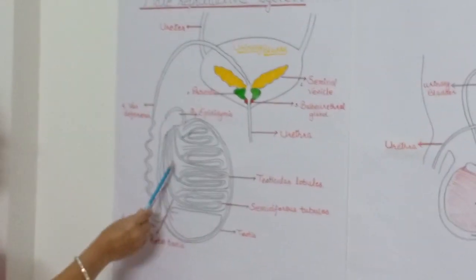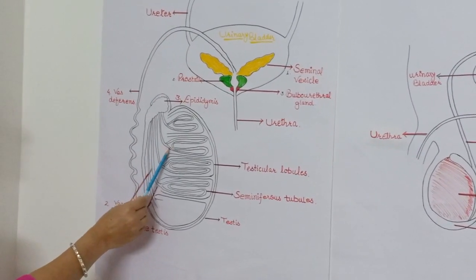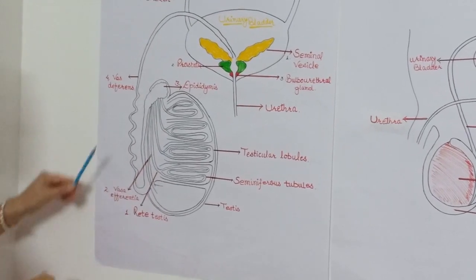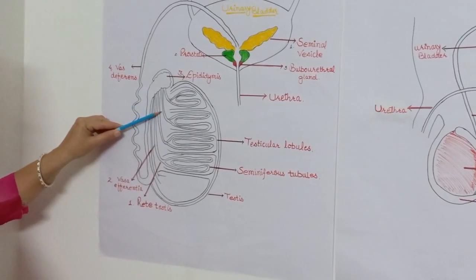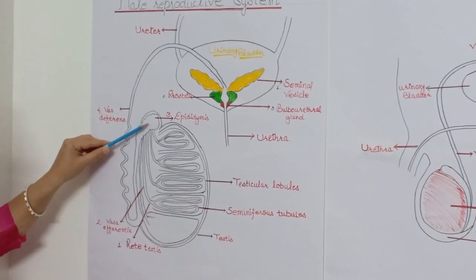Now these seminiferous tubules open into the rete testis. Now this is the duct. The sperms are released in the rete testis. From the rete testis they go into the vasa efferentia, and from the vasa efferentia to the epididymis.